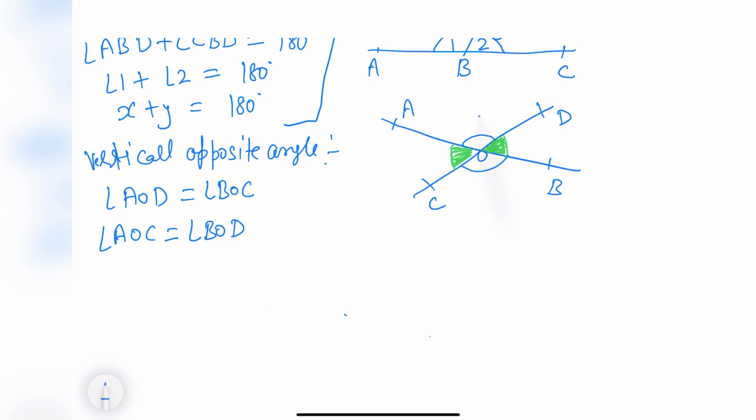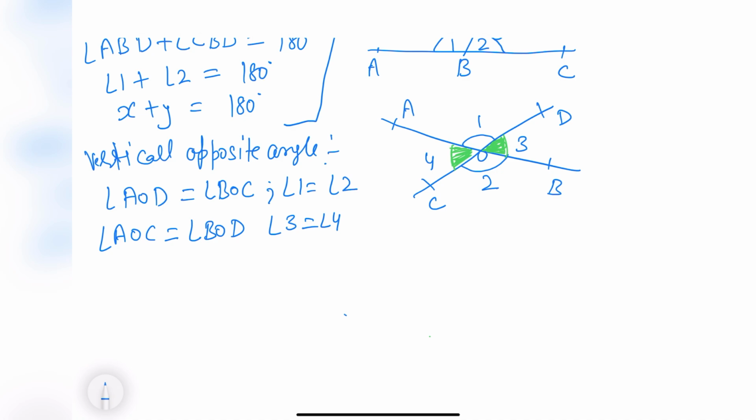Here also we can notate them by the number or by using the letters. So it means angle 1 is equal to angle 2 and angle 3 is equal to angle 4. We can also prove this theorem. That means vertical opposite angles are equal.